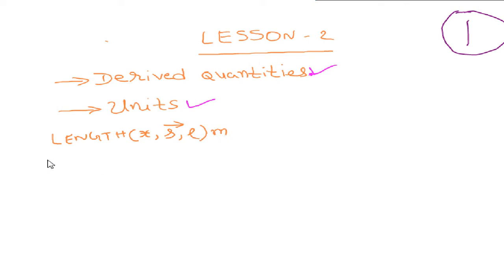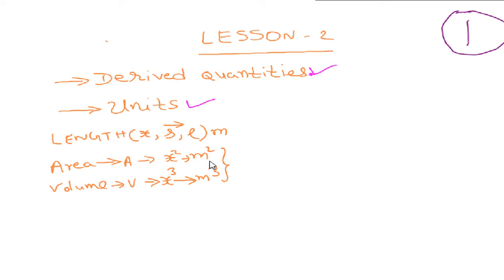Once we identify that, one derived quantity which we may say is area, which we represent by symbol A, is proportional to x square, and so it has unit meter square. Similarly, volume we represent by symbol V often, and which is proportional to x cube, and hence it has units meter cube.